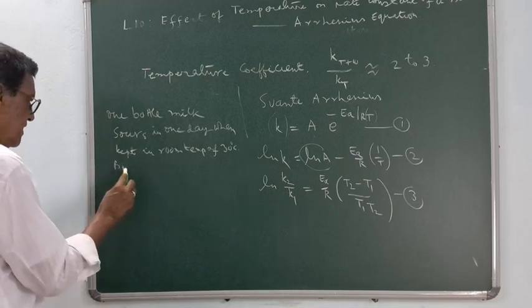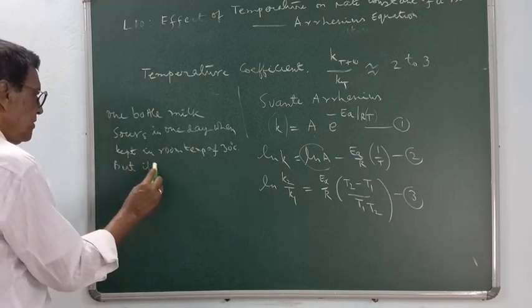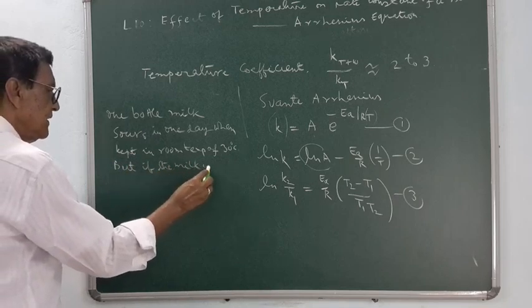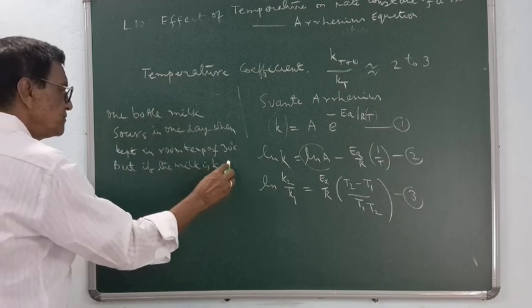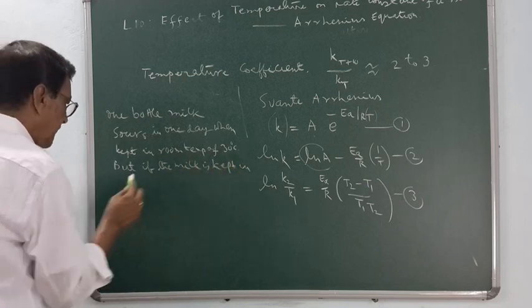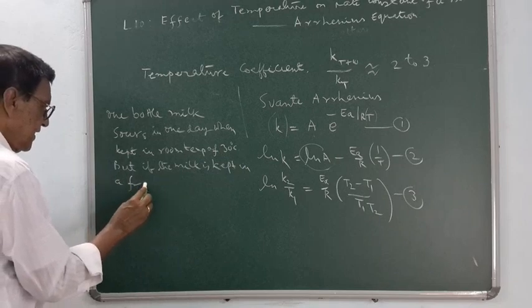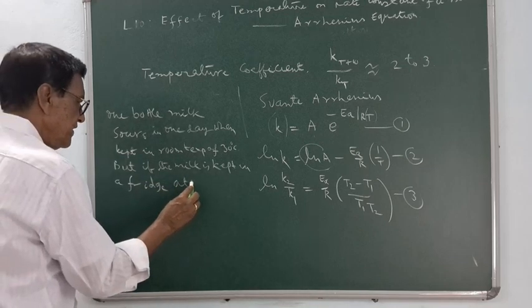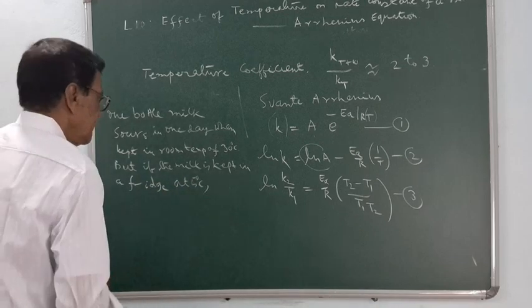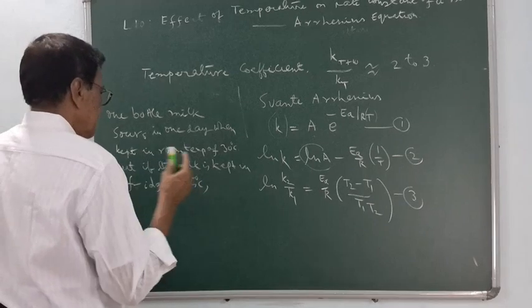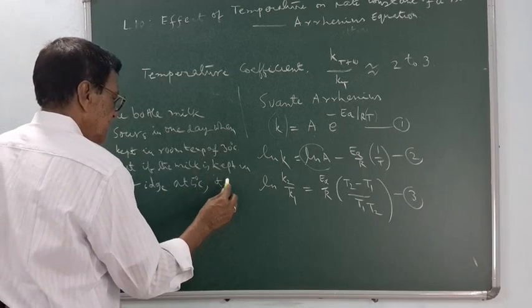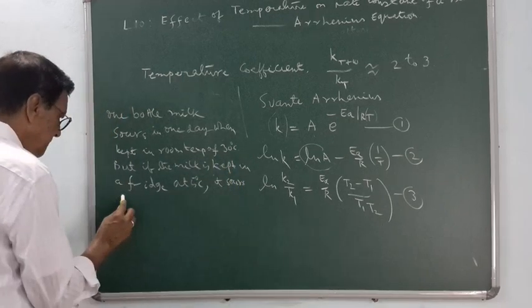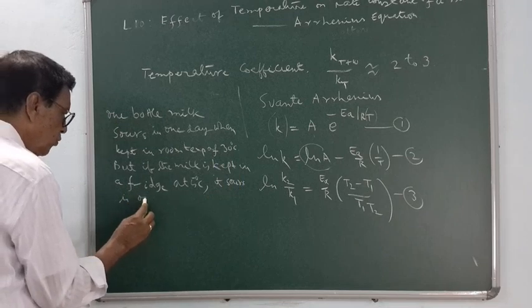But if the milk is kept in a freezer at 5 degrees centigrade, it sours in 1 week time.